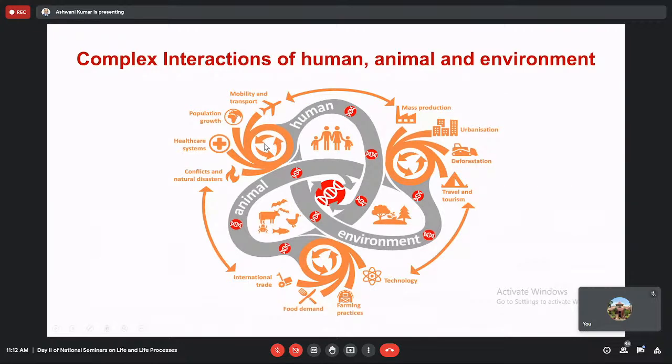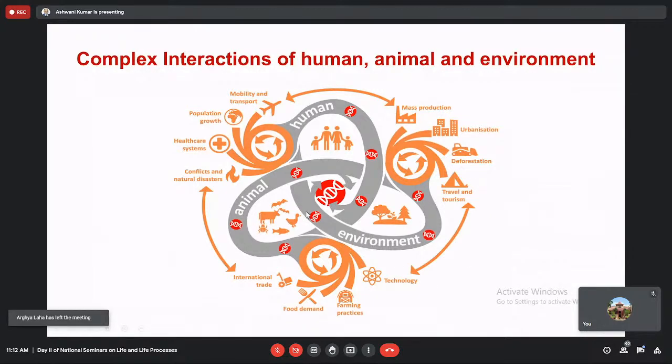As a result of this, the environmental changes are pronounced. As the demand increases, mass industrial production increases, it causes pollution, climate change, and of course urbanization and deforestation and travel and tourism. This is all about induced changes in the environment due to human action.